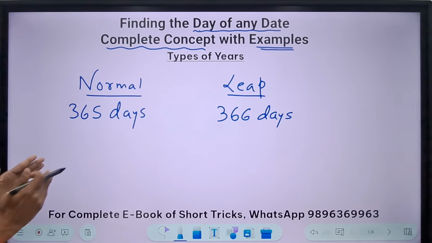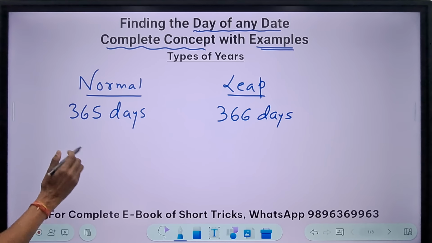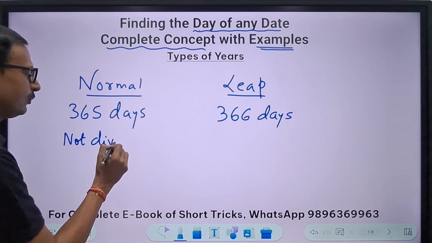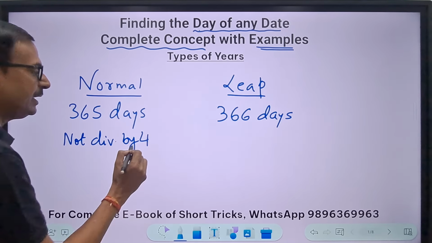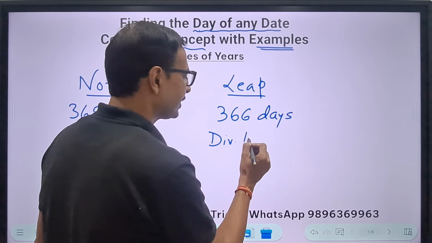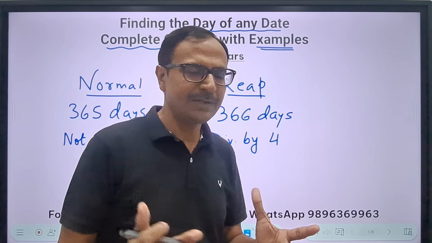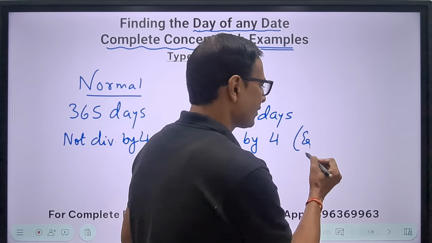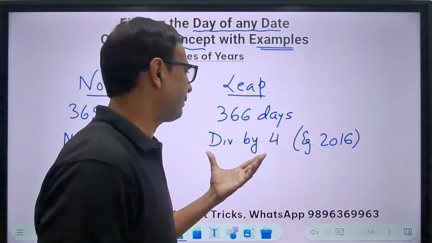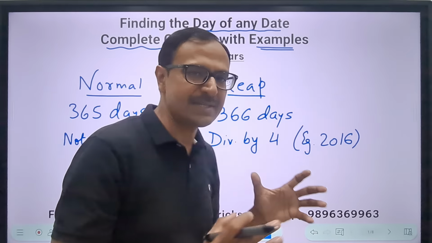So this is just one of the facts you should know. The normal years are not divisible by 4, and the leap years, they are divisible by 4. Just like the year 2016. Now 2016 is divisible by 4, so it happens to be a leap year and it will contain 366 days.